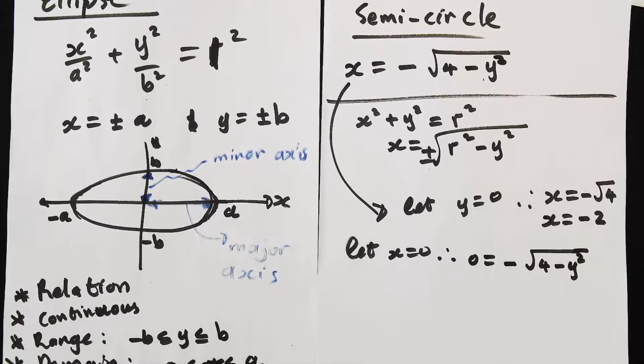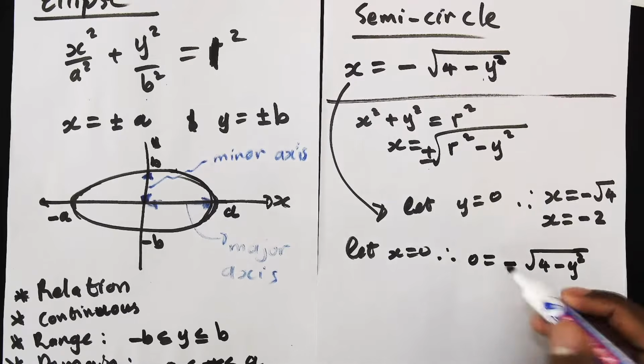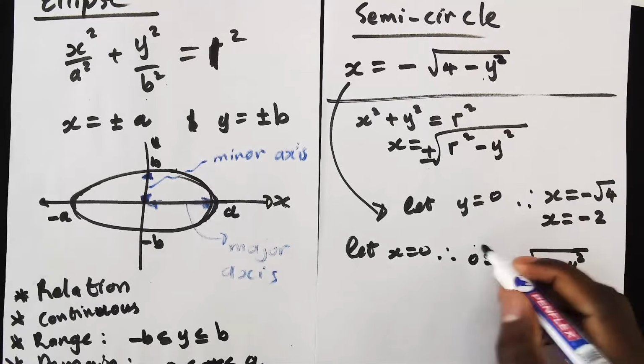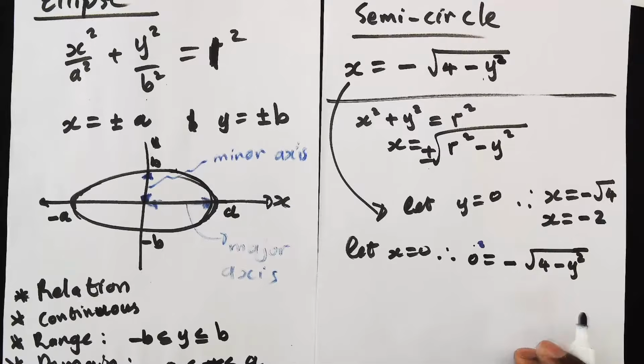Therefore, when you want to solve for y, remember, to get rid of the square root, what do you do? You put a square on both sides. Okay, let me just show it. We'll say 0 squared. And make sure we square everything at once.